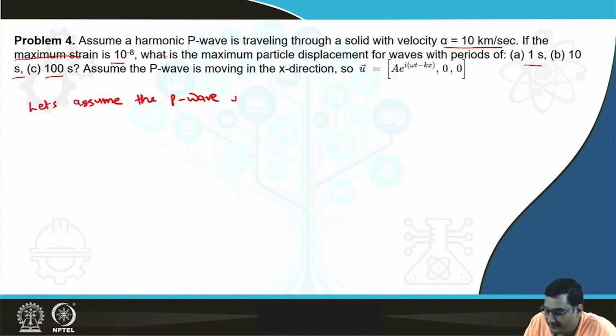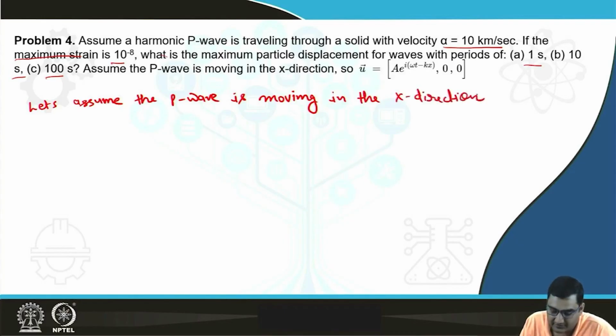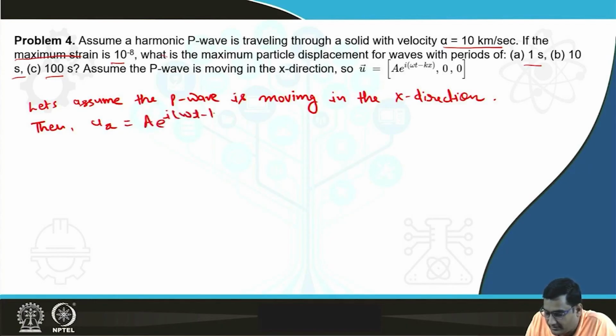is moving in the x direction. Then Ux is equal to A e to the power iota omega t minus kx, and Uy is equal to Uz, that is equal to 0.